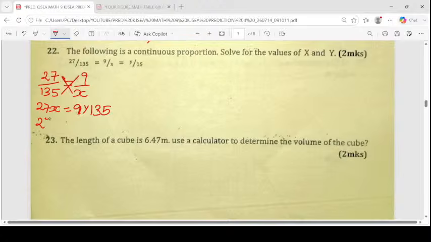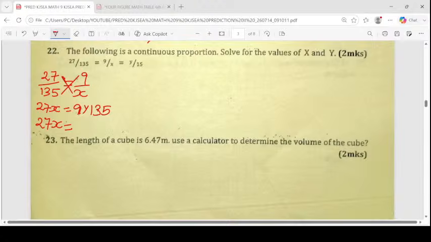So this will be 27x is equal to, let us see this.